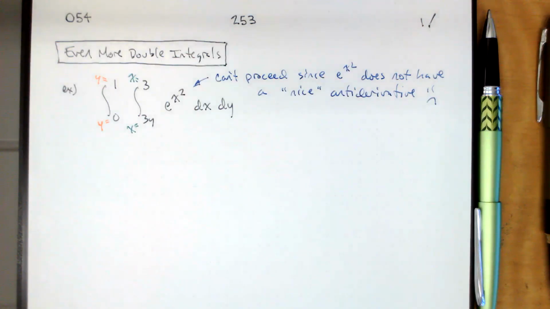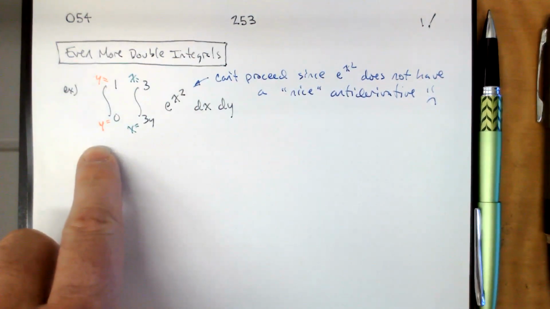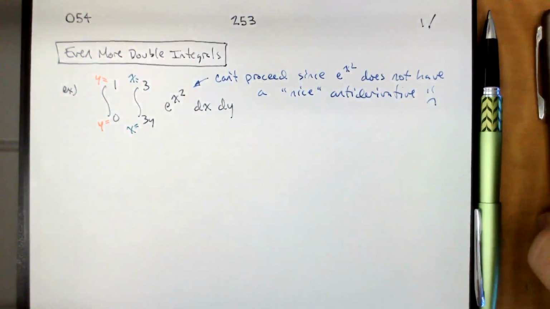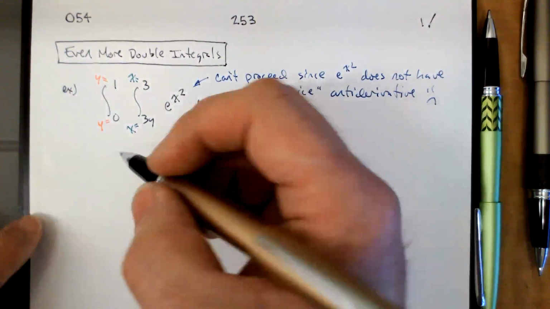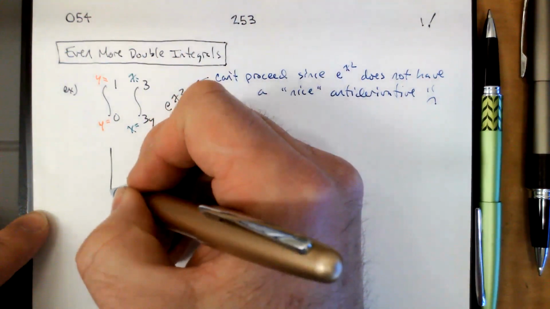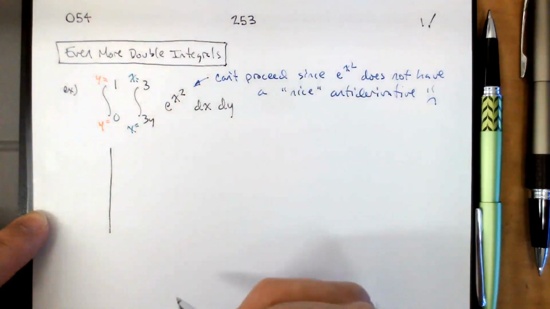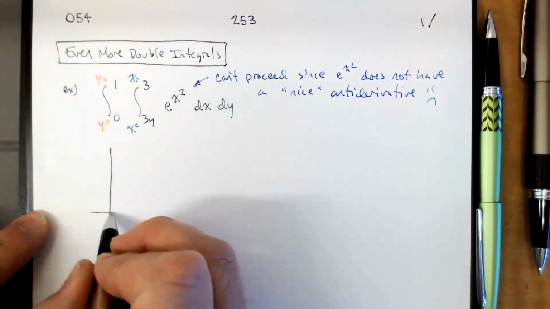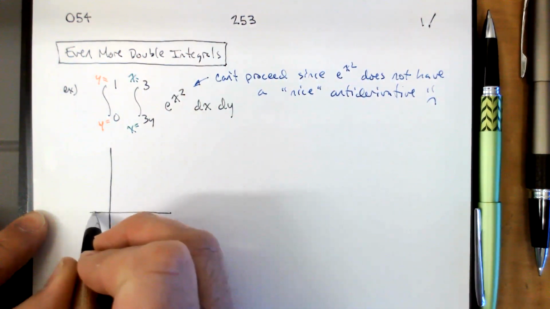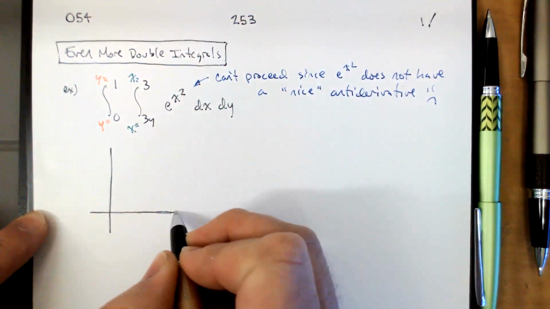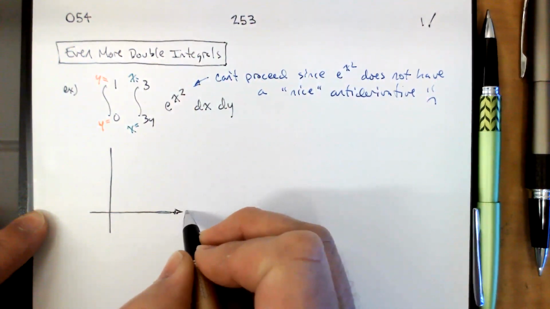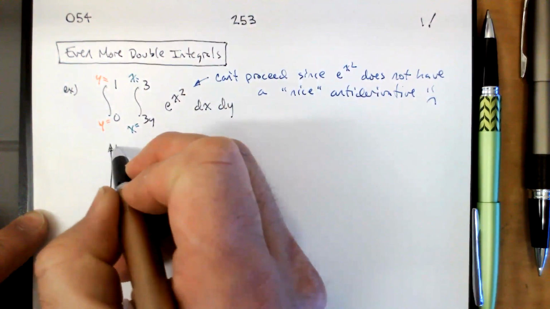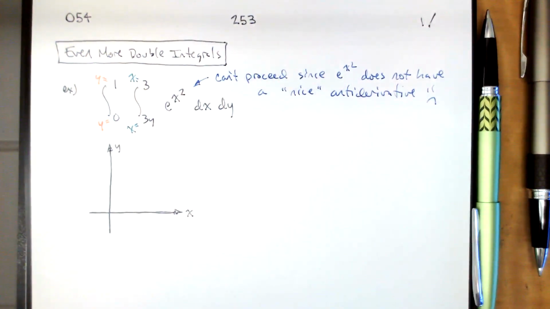Let's draw this region. So I'm going to draw the region where y goes from 0 to 1. Looks like my x's are going to be positive as well. Let me draw my region. So the y values go between 0 and 1.